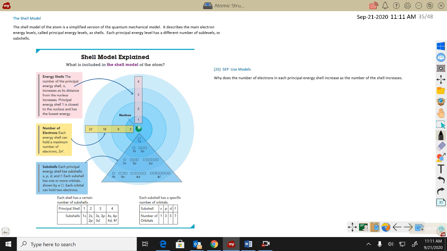And each principal energy level has a different number of sub-levels or subshells, but I call these orbitals. Subshells are fine, but I'm going to say that the energy levels contain different amounts of orbitals.